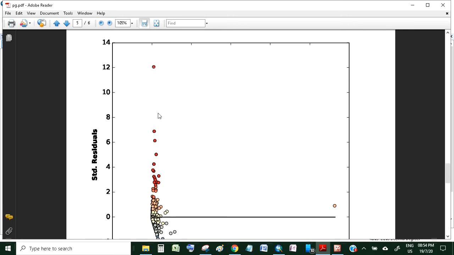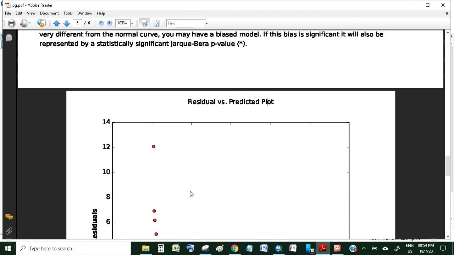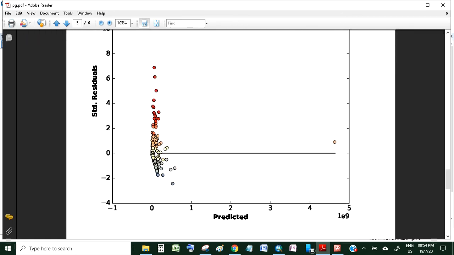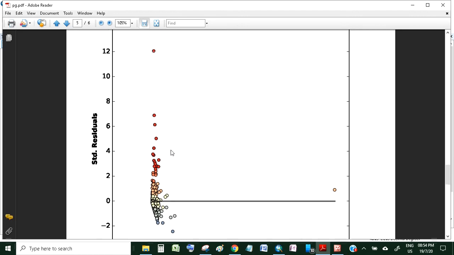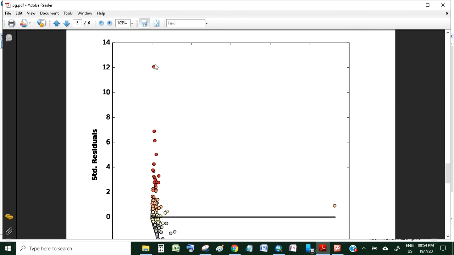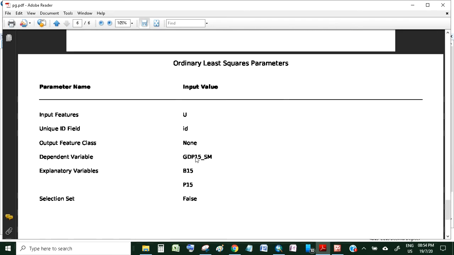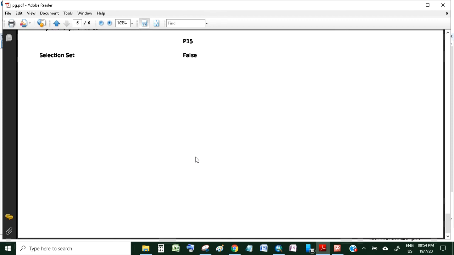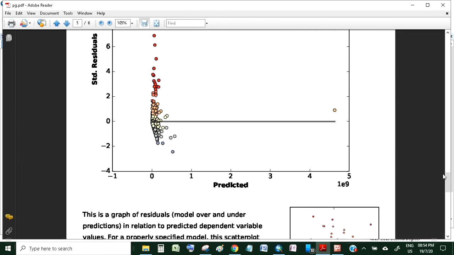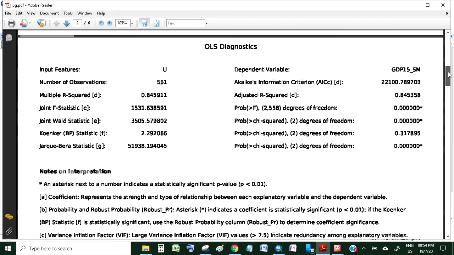It means if your values are close to this line, there is not much gap. But if some points are far from this line, there is some over and underestimation.